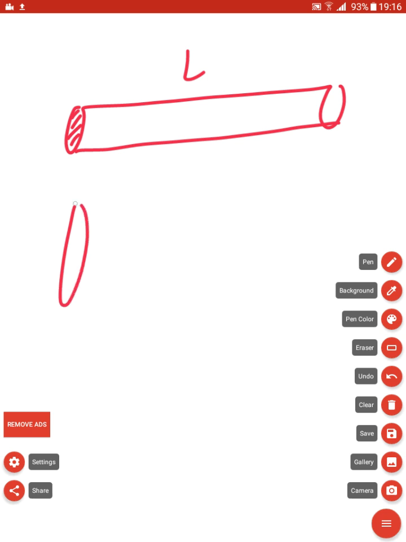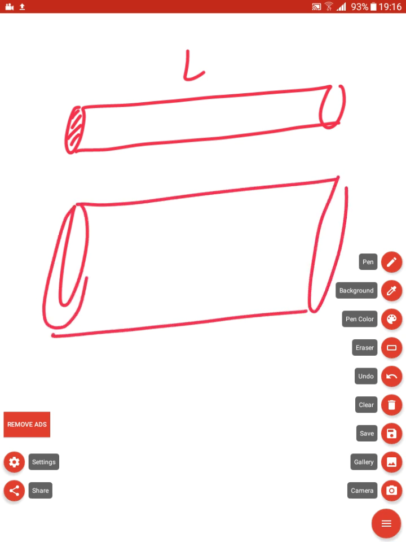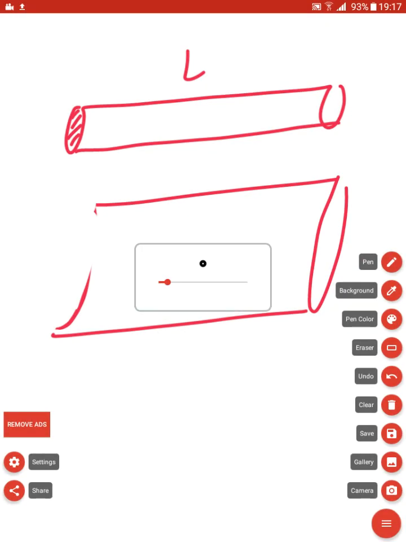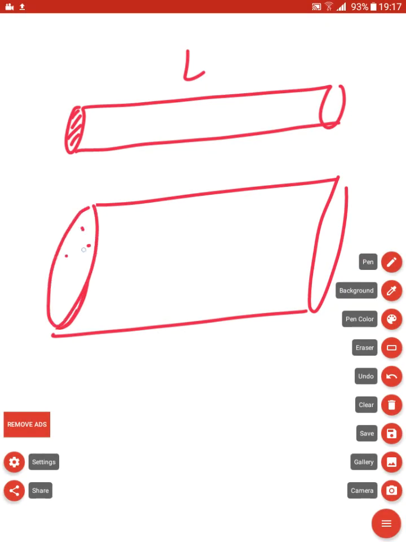If we have the same wire of the same length but with a larger cross-sectional area, as the area increases we have many more spaces inside. We have electrons here, and the spaces are more than before.